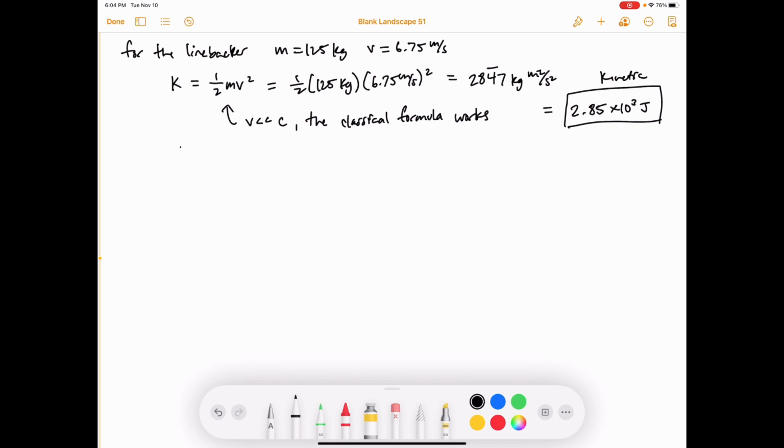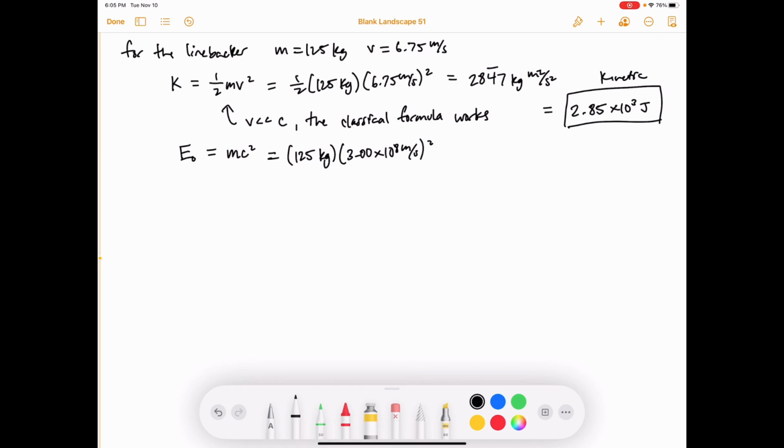Now, the rest energy is given by E0, that's mc squared. So we take the mass of the linebacker, 125 kilograms, multiplied by c squared, 3.00 times 10 to the 8 meters per second, squared.